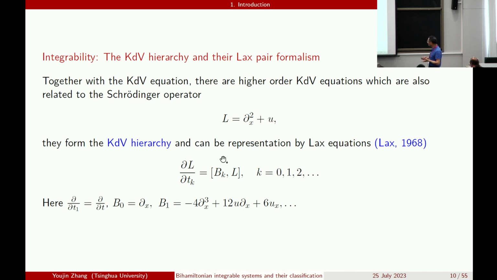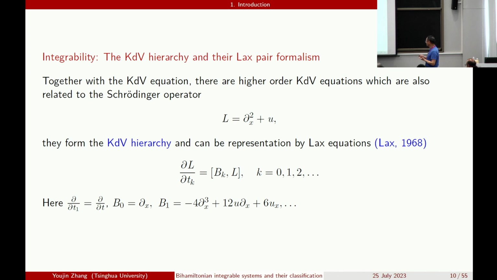And then he finds that apart from the third order operator B1, we can also use some higher order operators. So in this way, you will find actually not only the KdV equation, but also a hierarchy of evolutionary PDEs that can also be solved by this inverse scattering method, using precisely the same scattering transform and inverse scattering transform.